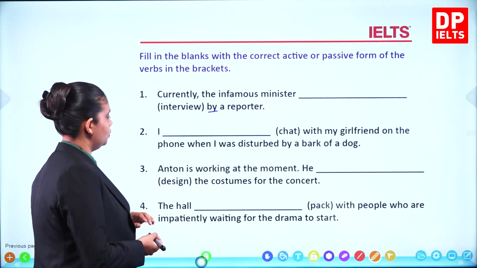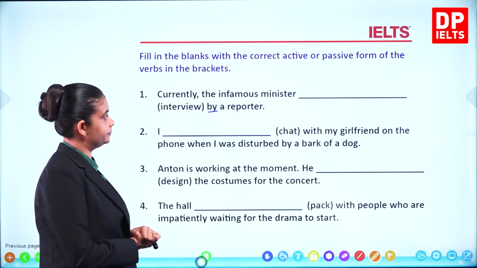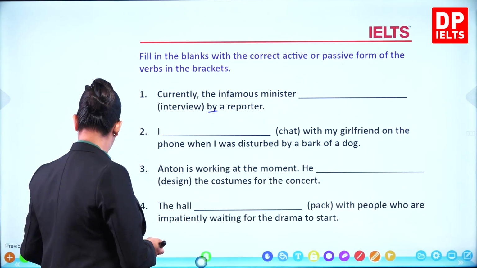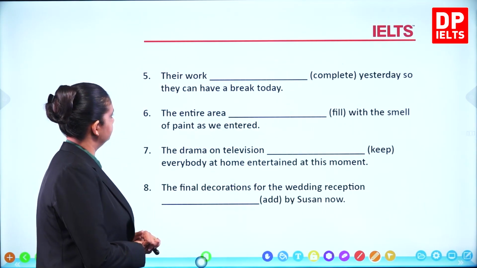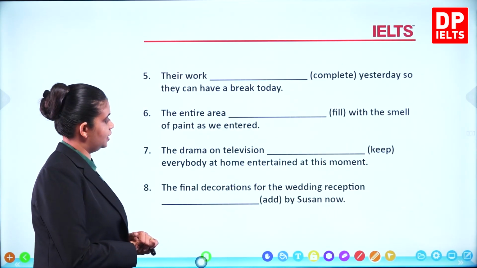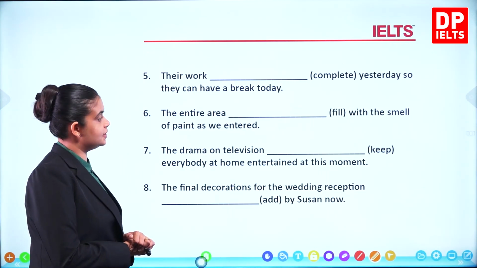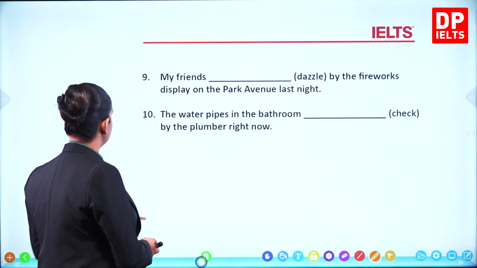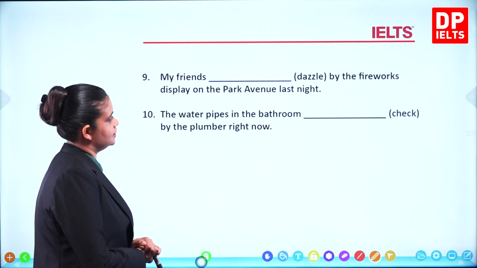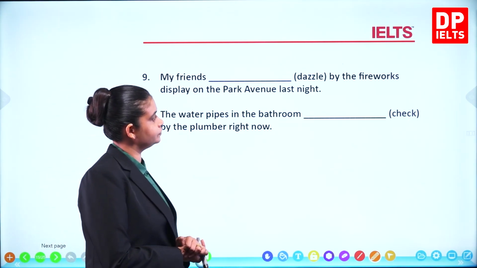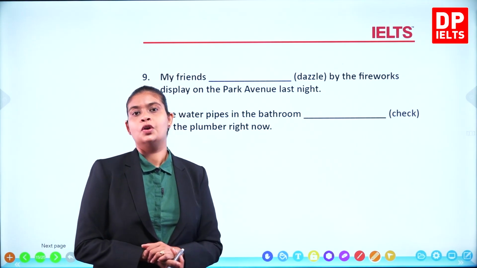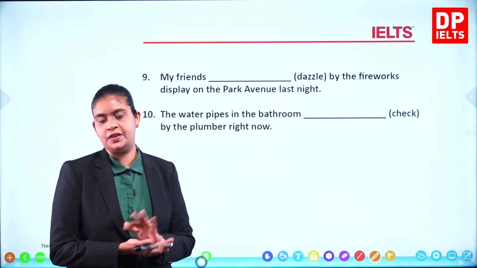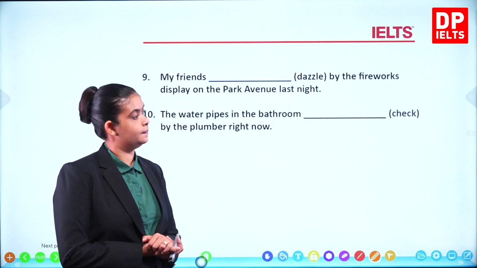So 1 to 4, jot down the answers. And then 5, 6, 7, 8, jot down the answers. Finally, 9 and 10, jot down the answers, right? So I hope you pause the video and do the activity.